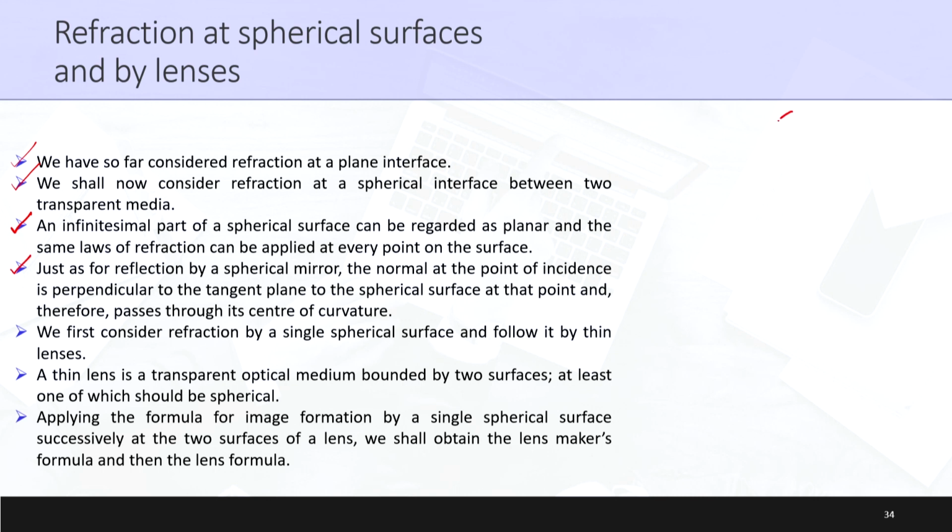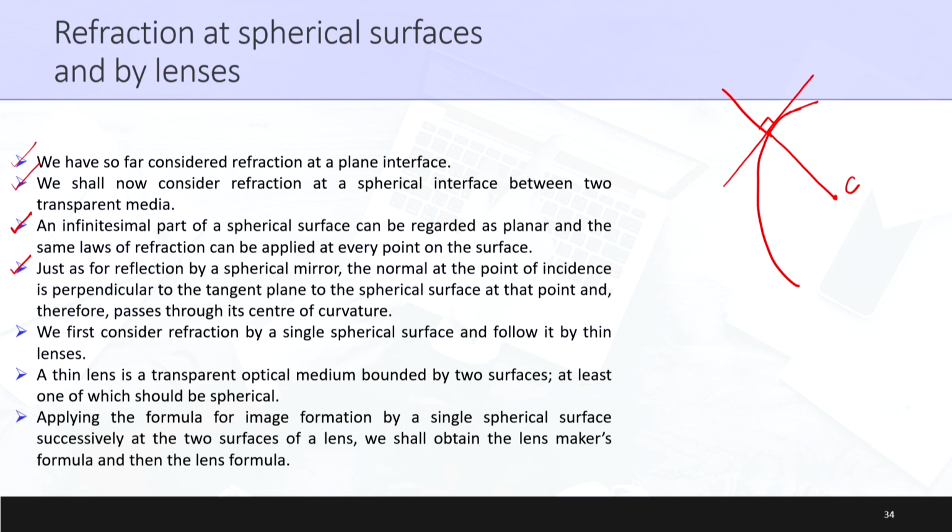Let us suppose this is that spherical surface through which the refraction is taking place. Let us suppose this is the incident point. First of all, make a tangent through it. Now, if a tangent is made and a normal is drawn, then this normal is first of all at 90 degrees, and this normal must pass through the center of curvature of the spherical mirror or spherical lens.